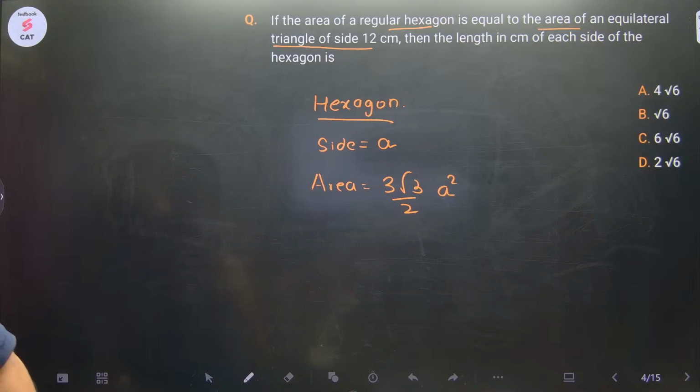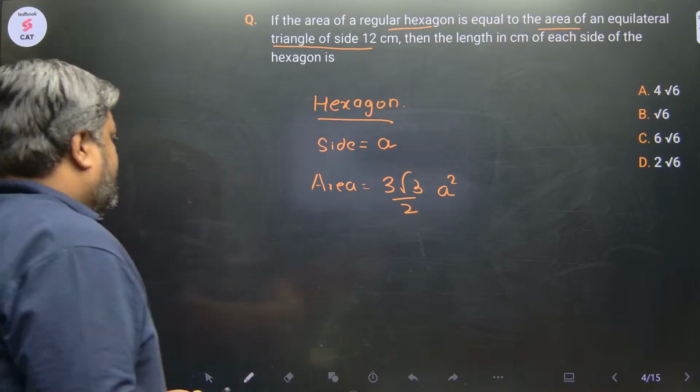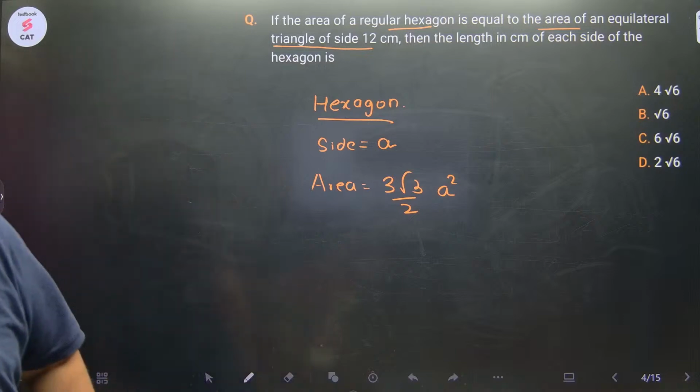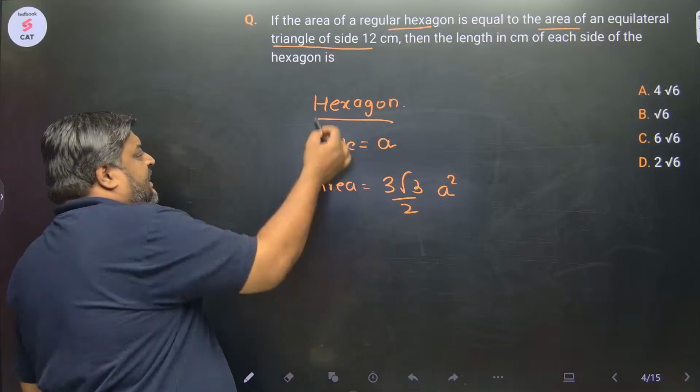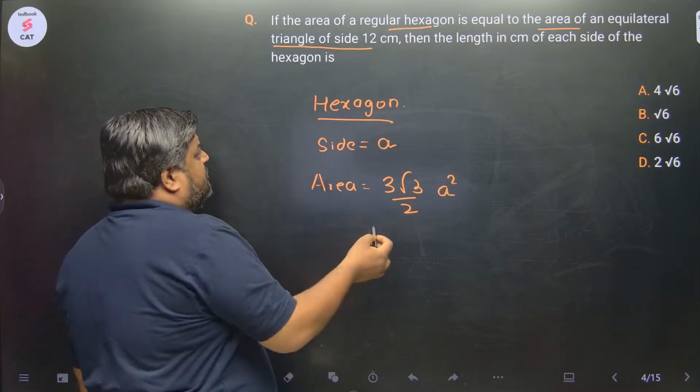Clear? Chalo. Area of the hexagon with side a is 3 root 3 by 2 a square.